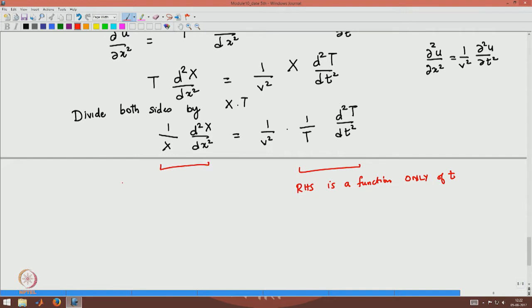The left hand side is a function only of x.